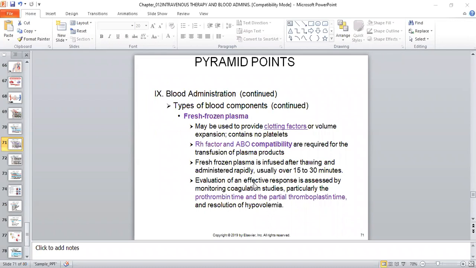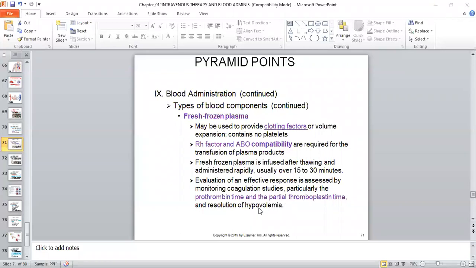Evaluation of an effective response is necessary by monitoring coagulation studies. Also, we have to check PT and PTT. PT stands for prothrombin time and PTT for partial thromboplastin time. It is very important for the NCLEX board.